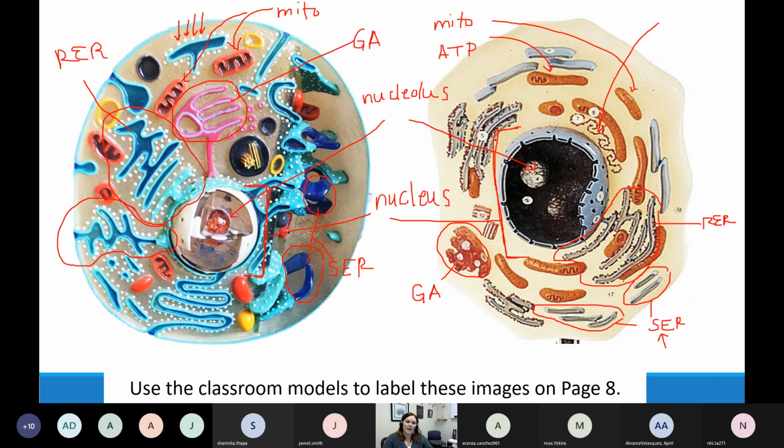One other set of organelles that I want to make sure to point out to you, and these are the fun food organelles, if you will. They look like foods to me. So right here, we've got our churros. The churros are the same as these little licorices that we see right here. These are things called the centrioles.